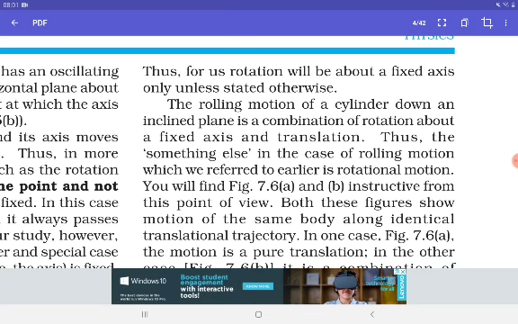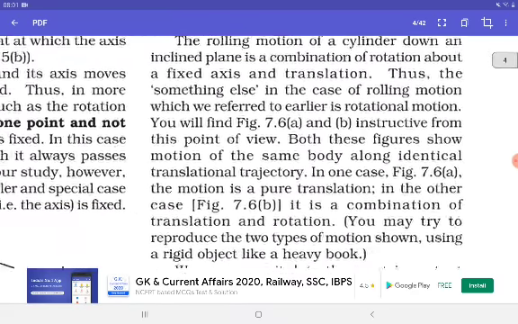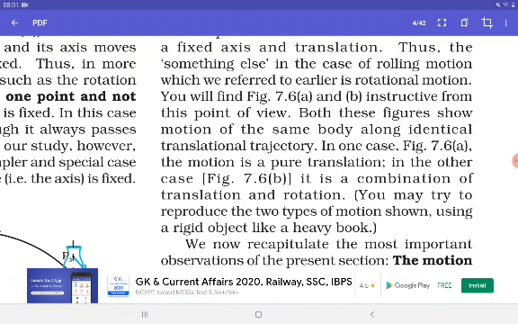You will find figures 7.6a and b instructive from this point of view. Both these figures show motion of the same body along an identical translation trajectory. In one case, figure 7.6a, the motion is pure translation. In the other case, it is a combination of translation and rotation.